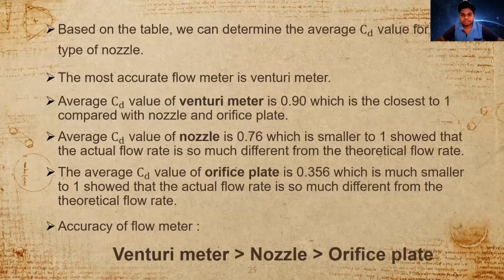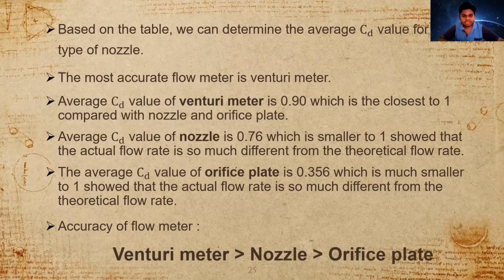So based on the table, we can determine the average coefficient of discharge value for each type of meter. The most accurate flow meter is the venturi meter. The average CD value of the venturi meter is 0.9, which is closest to 1 compared to the nozzle and orifice plate.